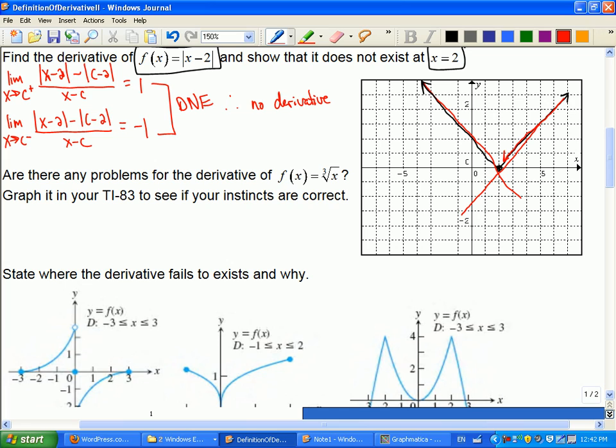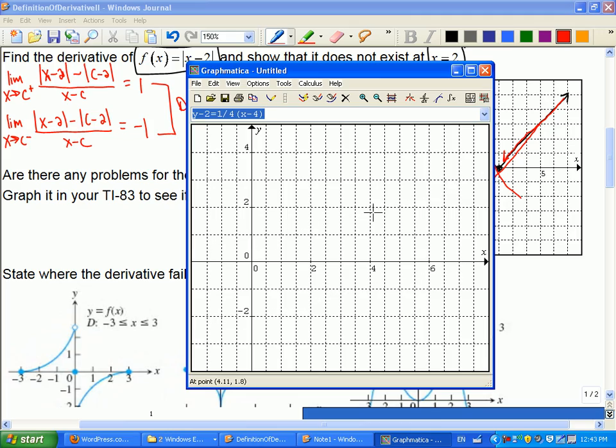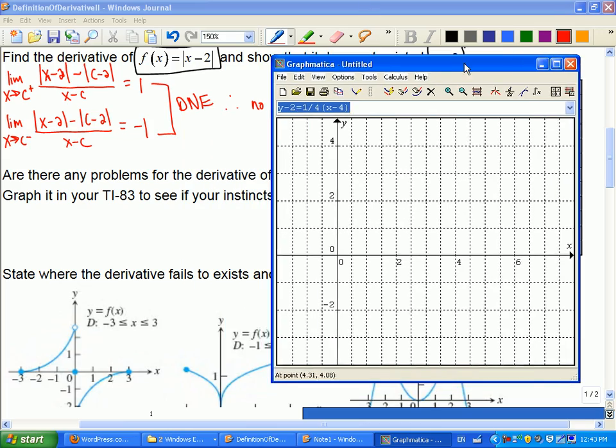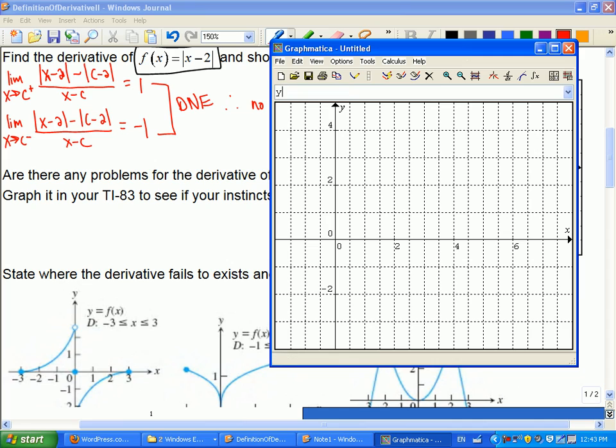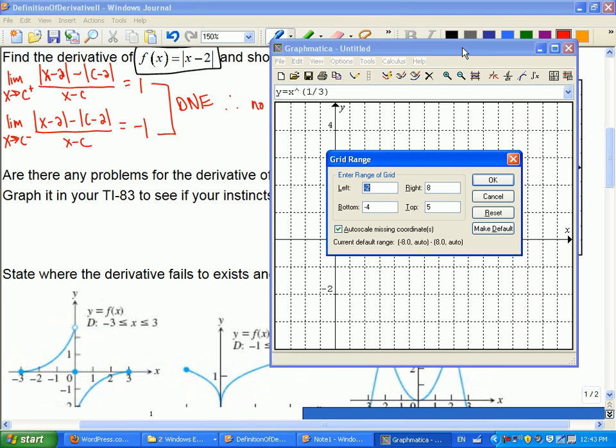All right, cube root. I don't know if you know the cube root graph that well, but do you think there's going to be any problems when we look for a slope on the cube root? So that's the cube root graph.